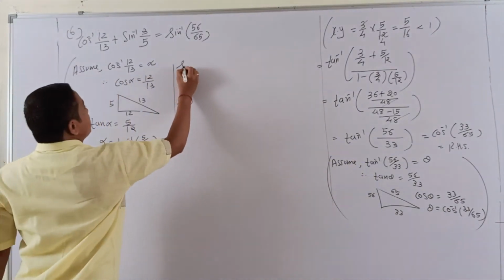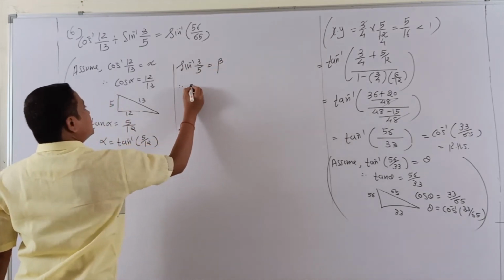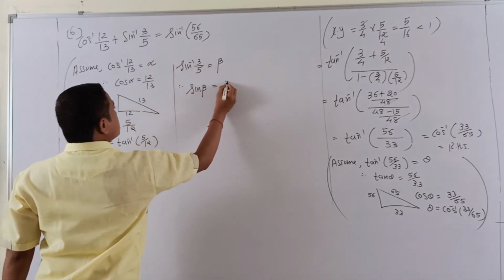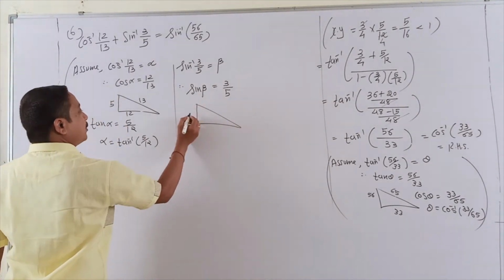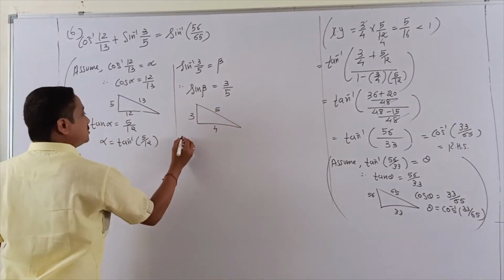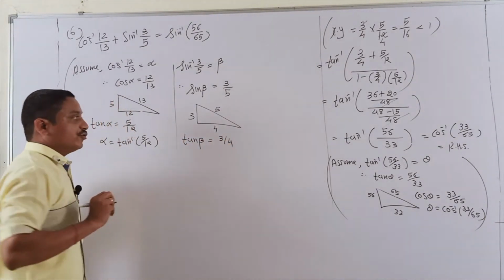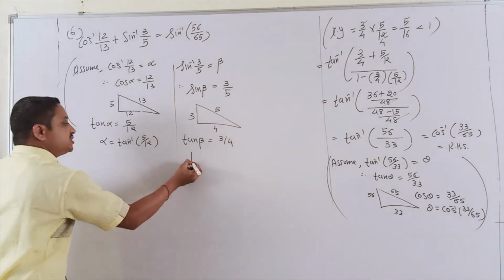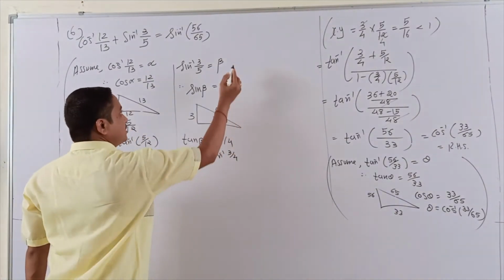So sin inverse 3 by 5 is beta. So what is the sin beta? 3 by 5. So again you go to triangle property and 3 by 5 gives 4. So what is the tan beta? Yes, it is 3 by 4. So what is the beta? Tan inverse 3 by 4.